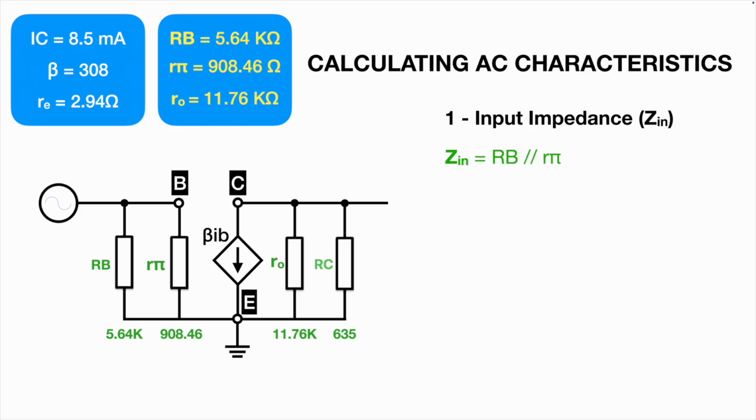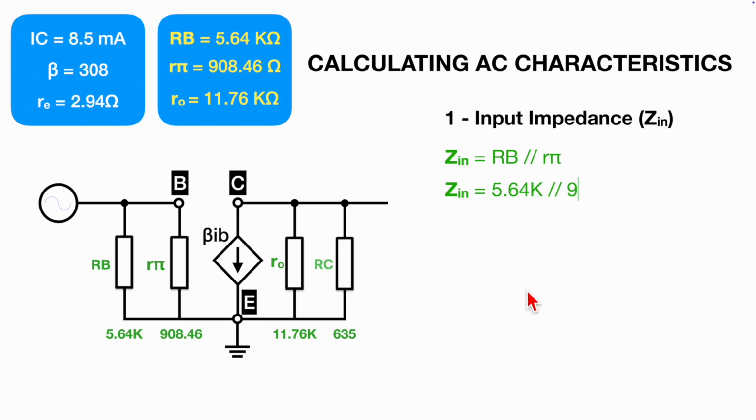So because we've spent a bit of time and already calculated R pi and R sub O, this will be a bit easier, because the input impedance is simply RB, the parallel combination of our voltage divider resistors, in parallel with R pi, which you'll remember is beta plus 1 times anything hanging on the emitter, which in our case is just little re, R sub E.